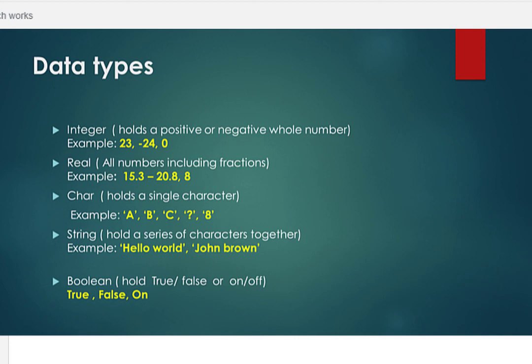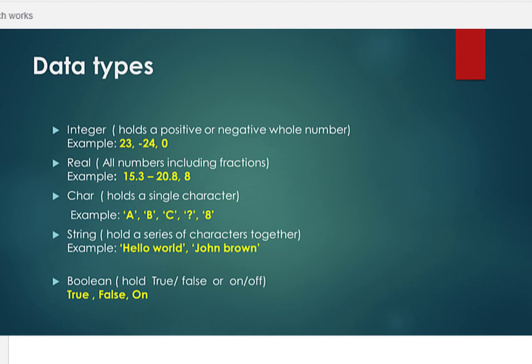So that data type holds a single character. And then we have string. In database we would have text, but in programming we have string. Now a string holds a series of characters, or what we might call a word. So strings hold a series of characters like hello or hello world or John Brown.